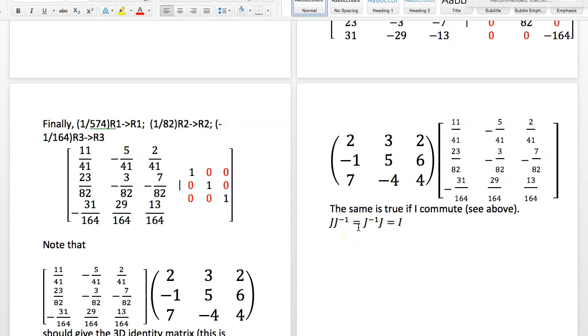They commute, which equals J inverse J, which equals the identity matrix I. We're referring to I as the identity, and the identity is just 100, 010, 001. Keep in mind, for the identity, AI equals IA, which equals A. The identity acts just like the number 1 of multiplication in the real numbers.